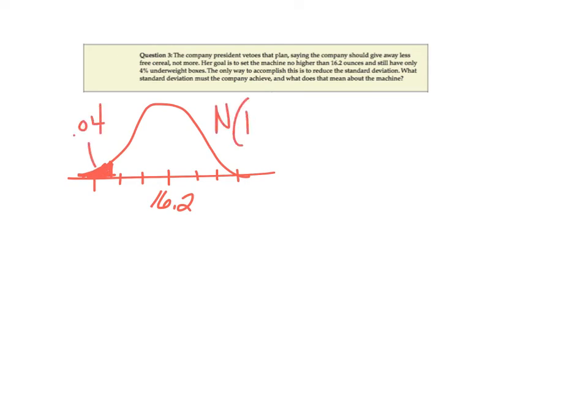Normal model, 16.2. Standard deviation, I'm clueless. But again, working backwards, I'm given an area, so I can do inverse norm. I really don't need to do it again because it's the same area. I just found in the last problem that my z-score was negative 1.7507.